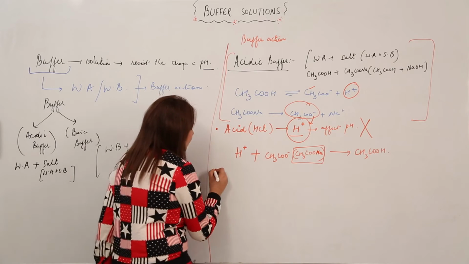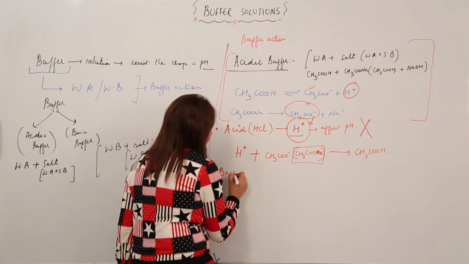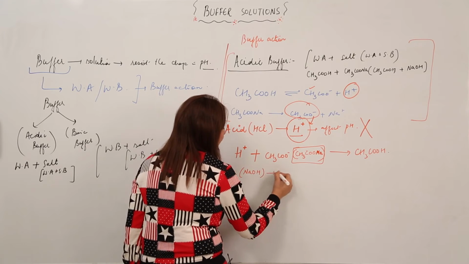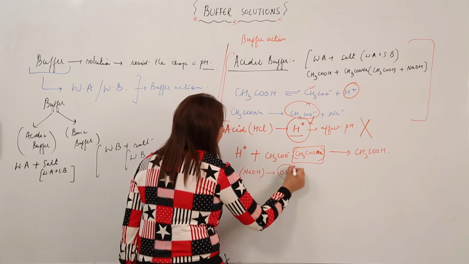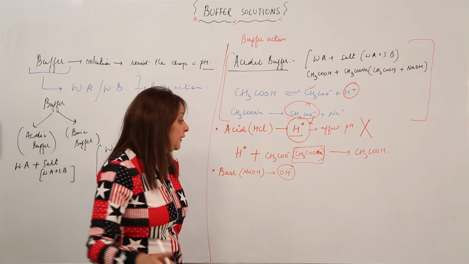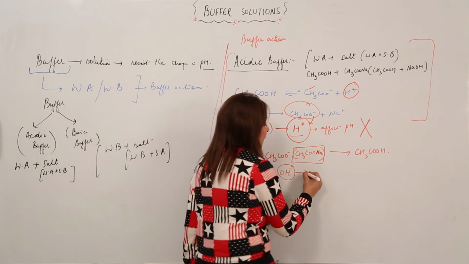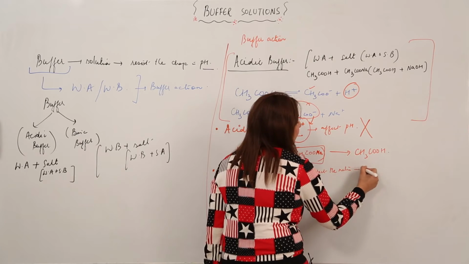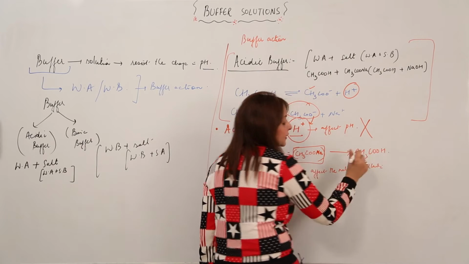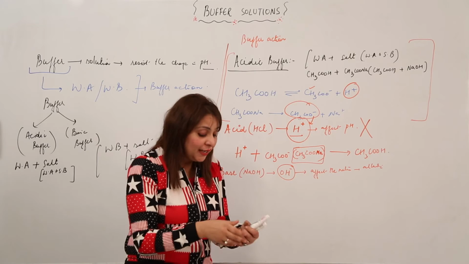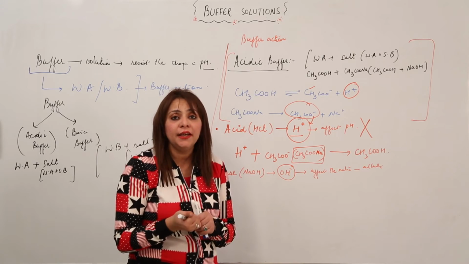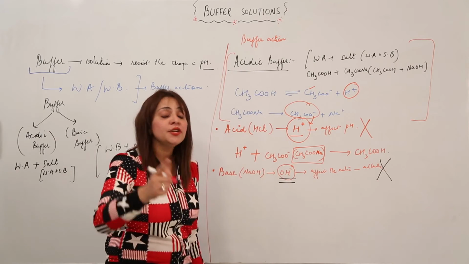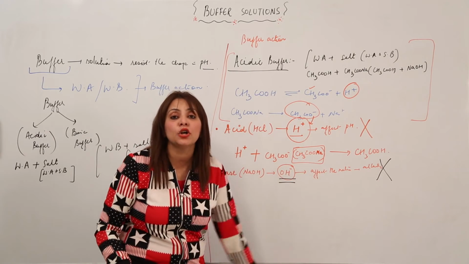Now let us add base to it. Suppose I am adding NaOH, right? It will dissociate and release hydroxide ions. That means these hydroxide ions can alter the pH and affect the nature of the solution, making it alkaline. That is what it is supposed to do, right? But actually it is not affecting it, because they are also getting consumed. Now the question is, who is going to consume these hydroxide ions?